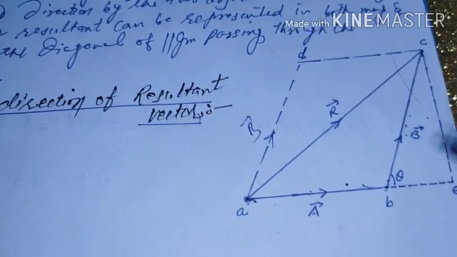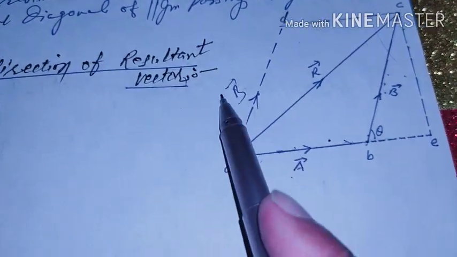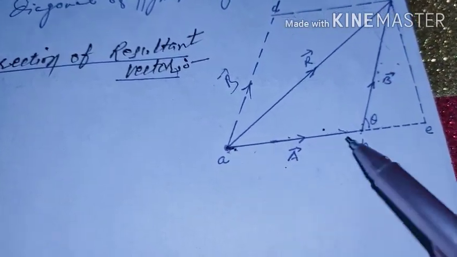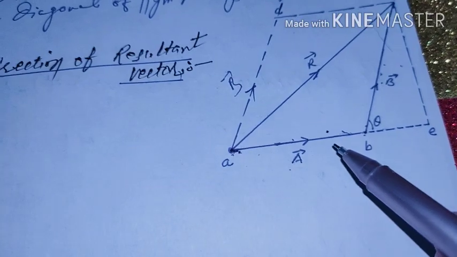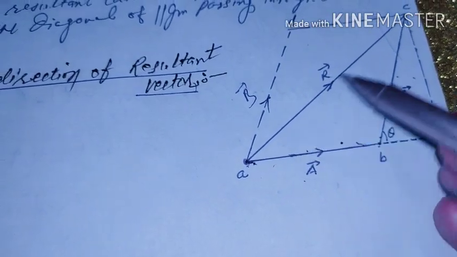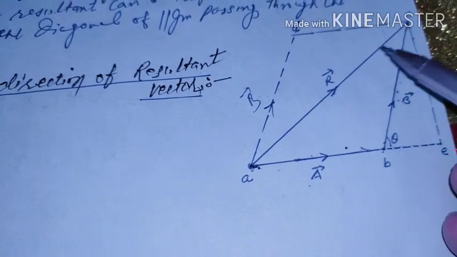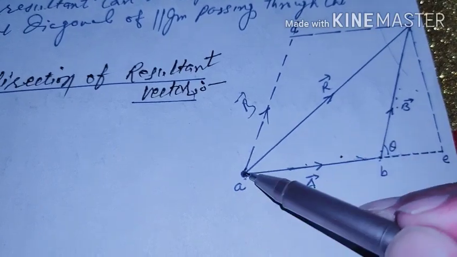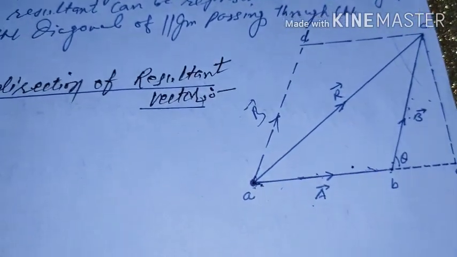I am repeating it again. If two vectors are represented in both magnitude and direction by the two adjacent sides of a parallelogram, then their resultant can be represented in both magnitude and direction by the diagonal of the parallelogram that is passing through that same point from where the vectors are acting.